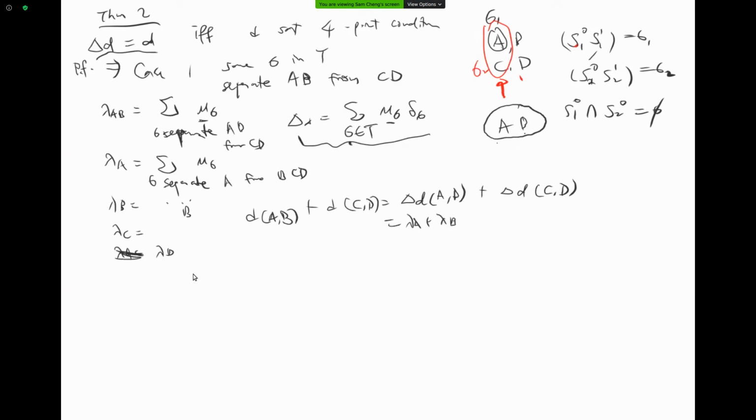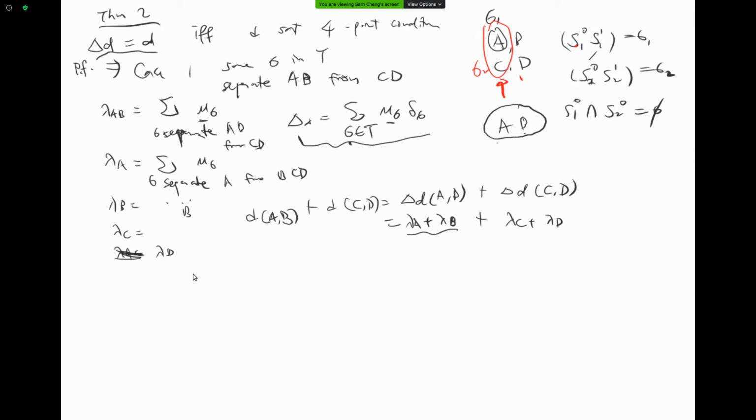Because this is basically all the mu sigma with sigma separating A from B, C, D, and lambda B is the sum over all the mu sigma with sigma separating B from A, C, D. I think this should be quite easy to see. And then delta D CD will be just lambda C plus lambda D, right?